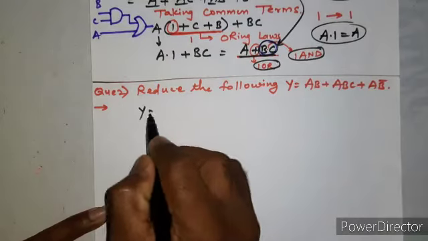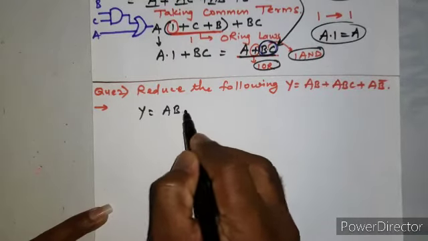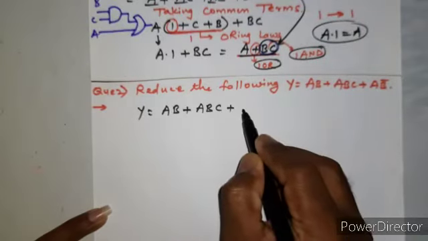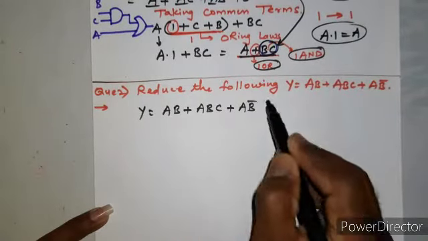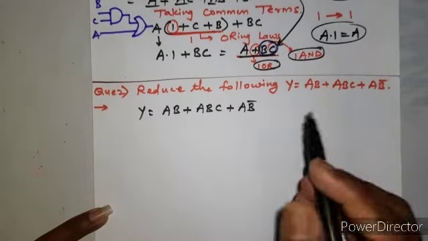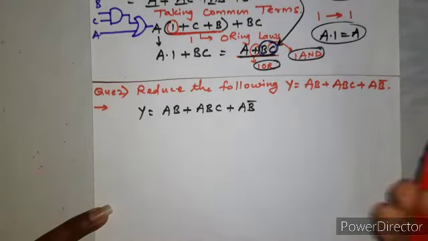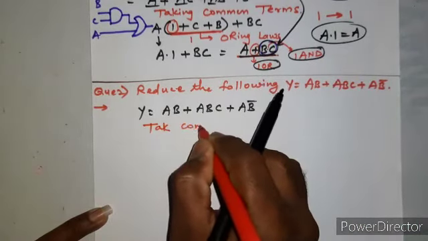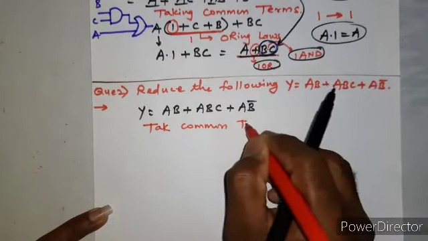So I have y equal to AB plus ABC plus AB bar. Now here the very first step is trying to take common terms.